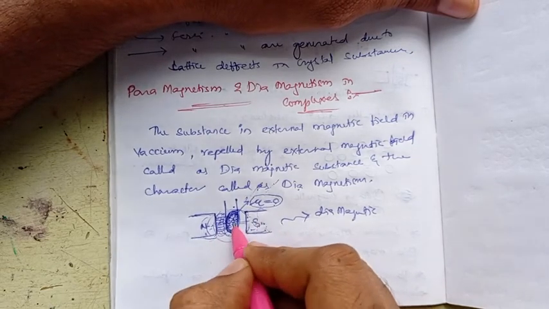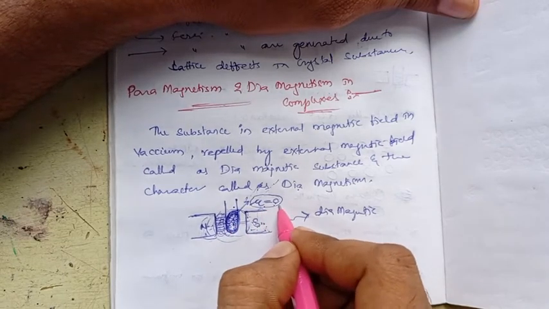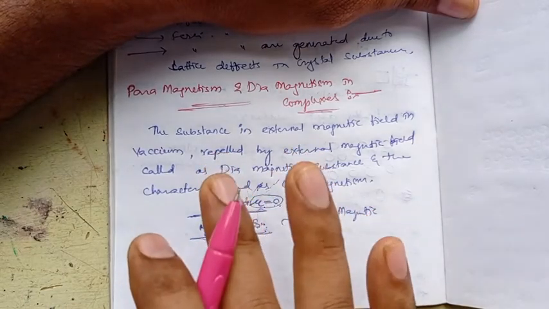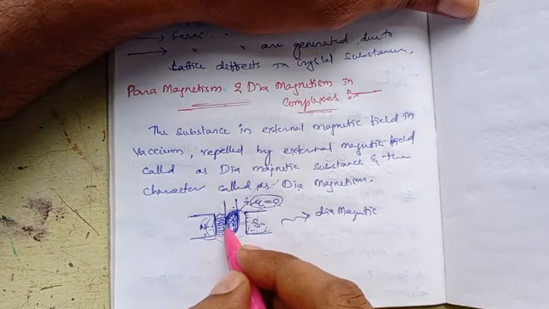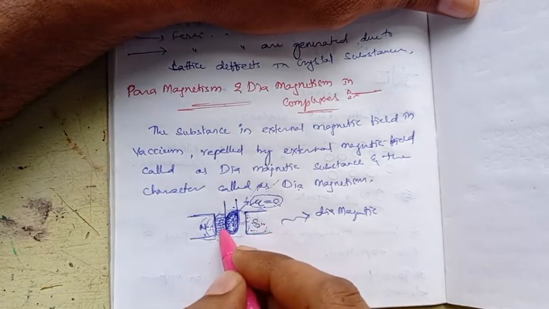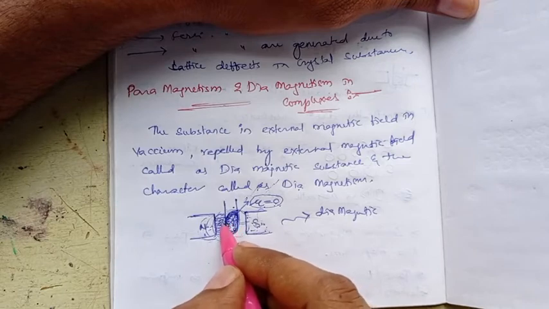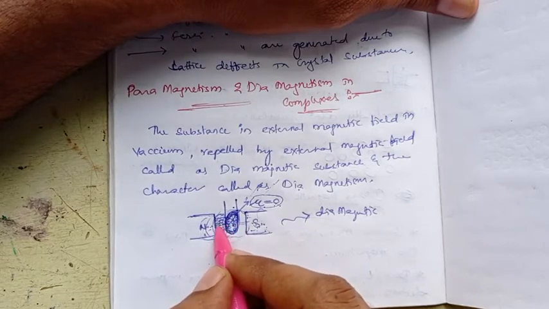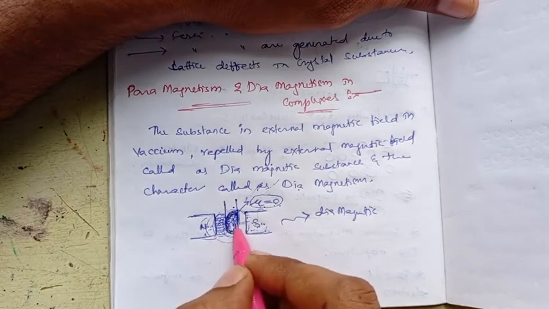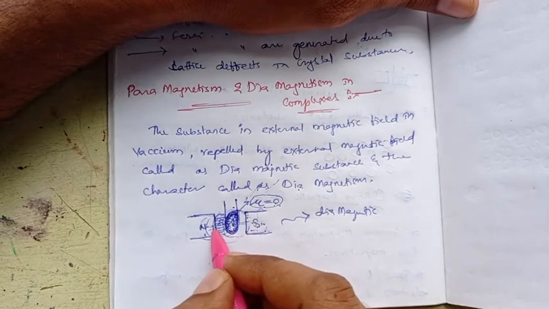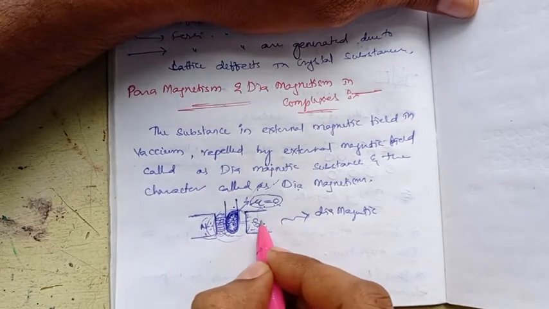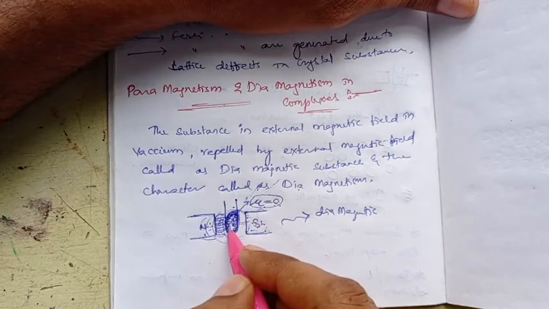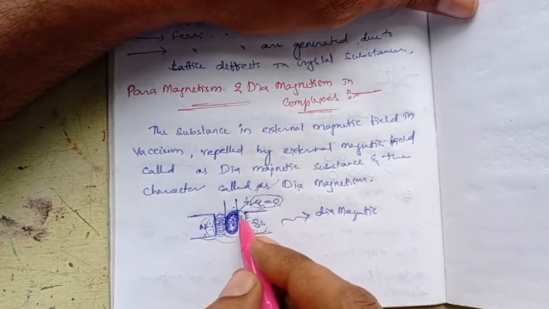When these waves move towards the diamagnetic substance, its flow is restricted. Why does this happen? Because a diamagnetic substance has a magnetic moment value of 0. As the magnetic moment value is 0, the diamagnetic substance never allows the external magnetic waves to flow through it. Since it restricts the flow of magnetic waves from one end to the other, these waves will push the hindering diamagnetic substance away from the flow.